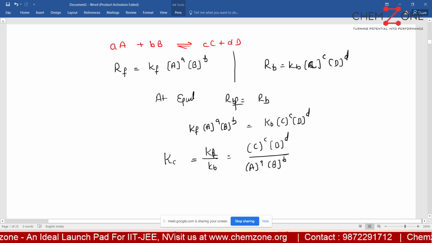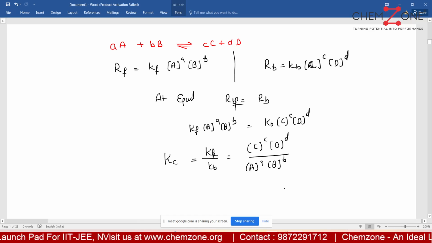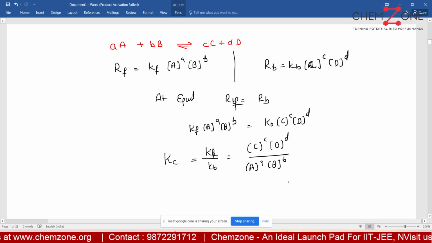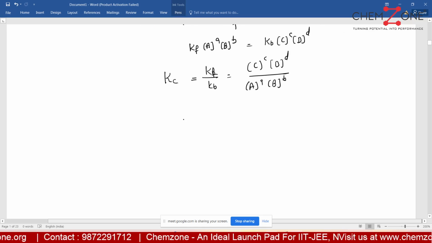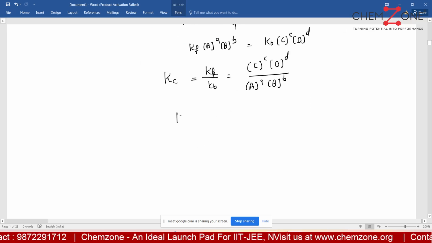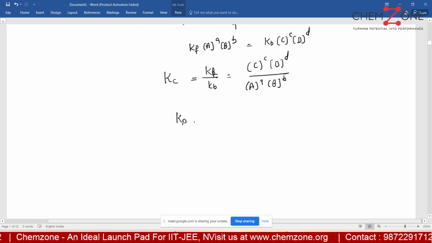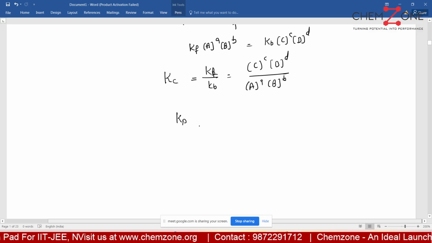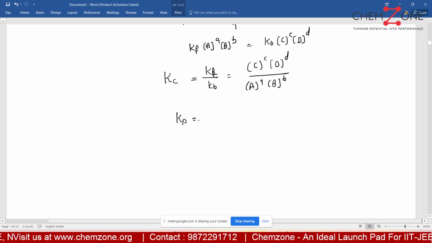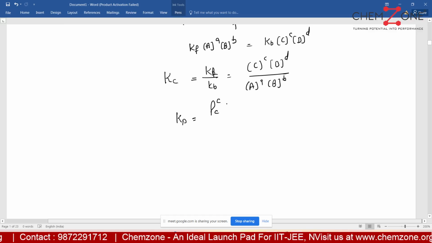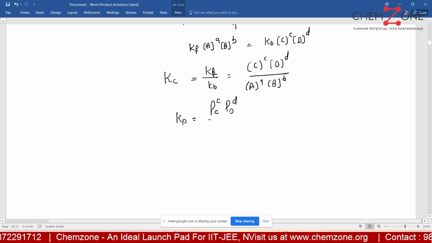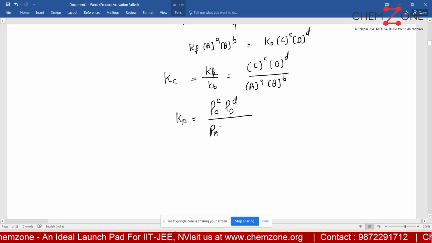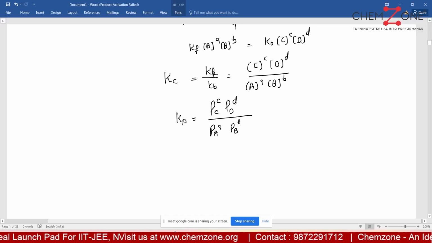This is called as the equilibrium constant Kc. Similarly, if all these A, B, C, D are in the vapor phase, then Kp is equal to the equilibrium constant in terms of the pressure: Pc to the power c, Pd to the power d, upon Pa to the power a and Pb to the power b.